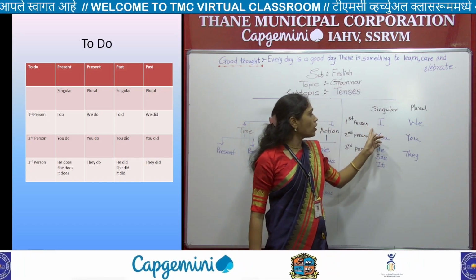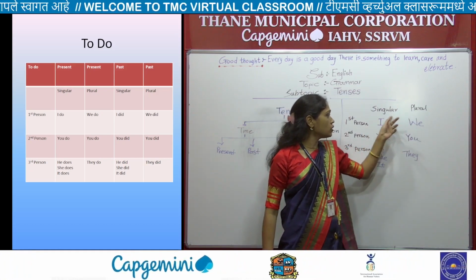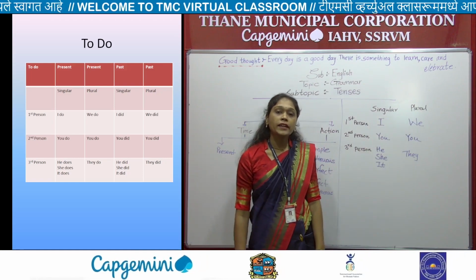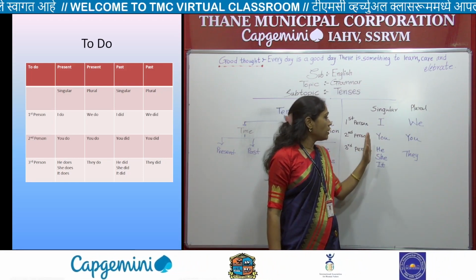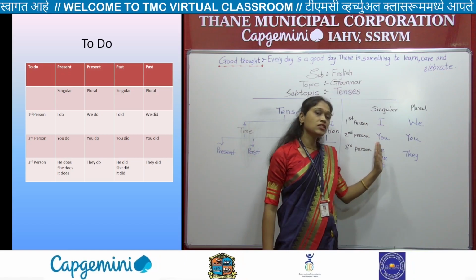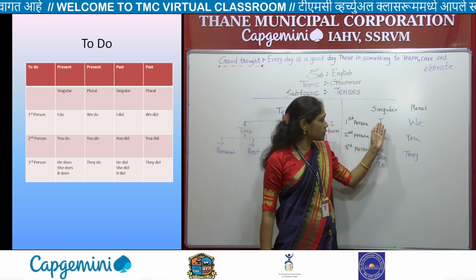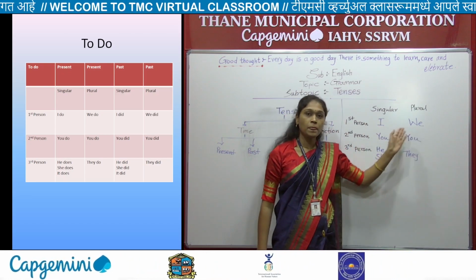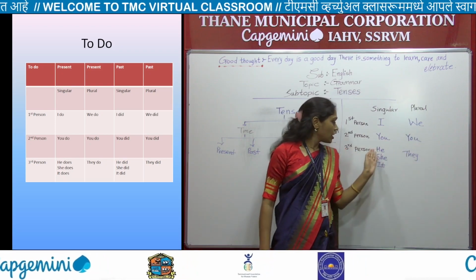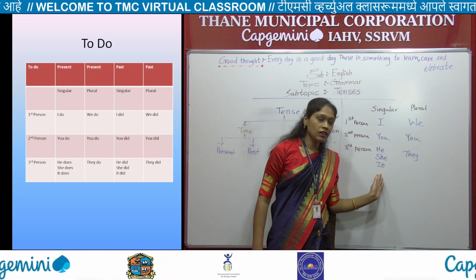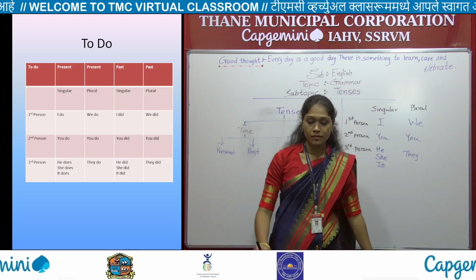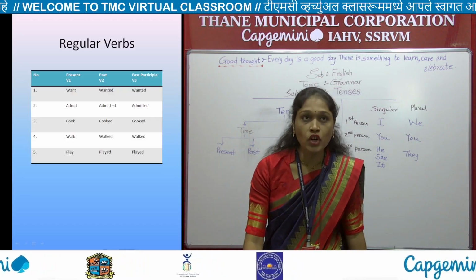Otherwise for all other pronouns we use do. And in past tense we use did for all persons, singular and plural. Like this, I did, we did, you did, you did, he did, she did, it did, they did. This is the forms of to do.